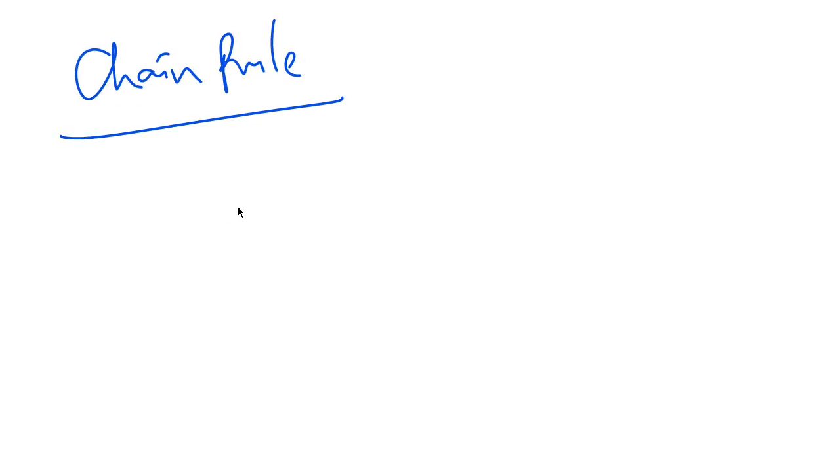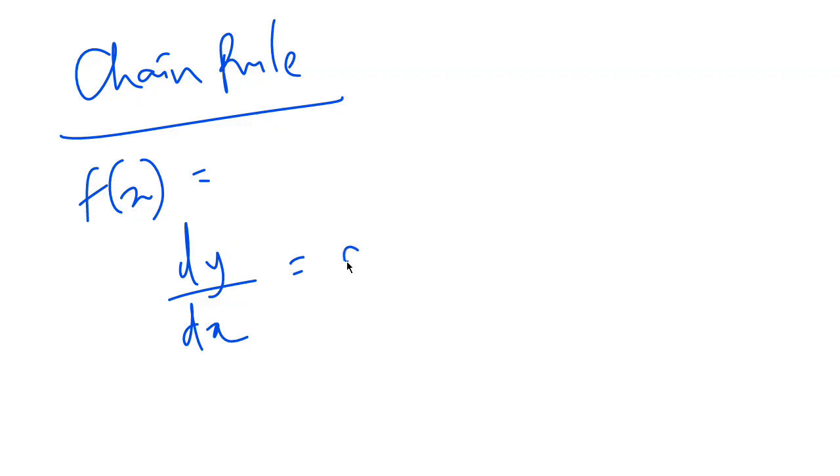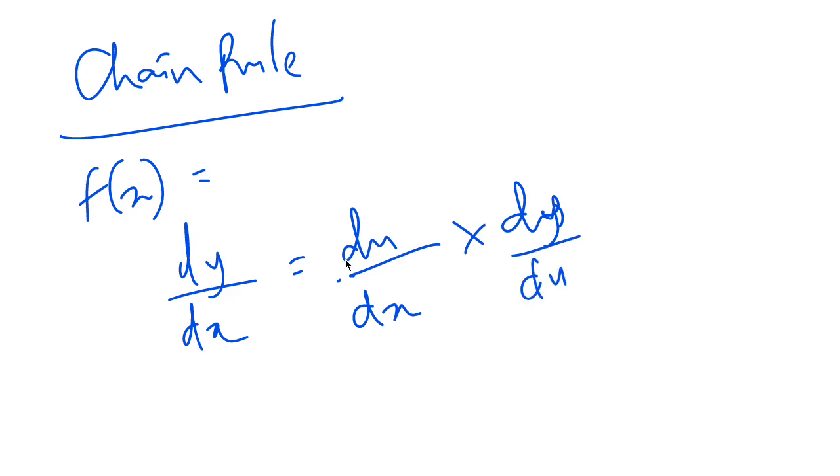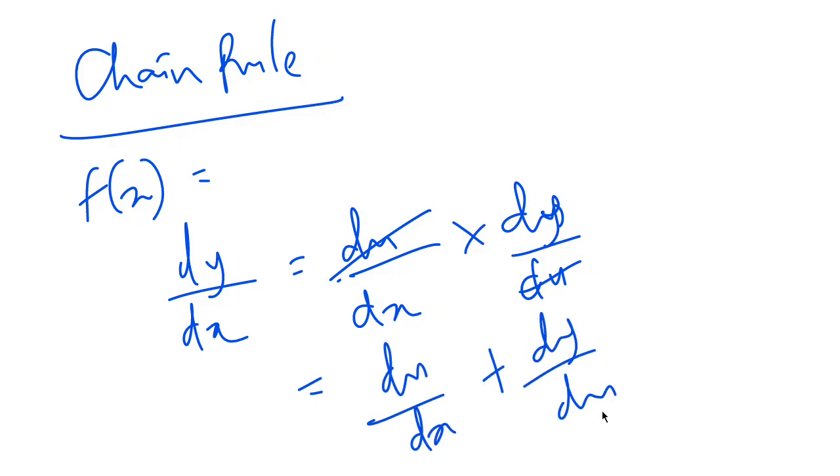The chain rule says that given a function f of x that is made up of two or more functions in one, the differential dy dx is equal to du over dx times dy over du. And we're not lying, because this du cancels. It's still the same thing, but we're just defining it that way so that we could get something out of what we have.